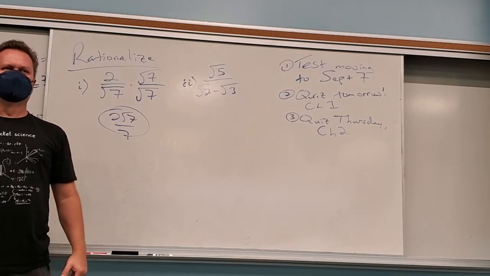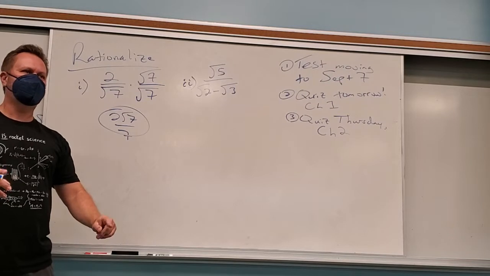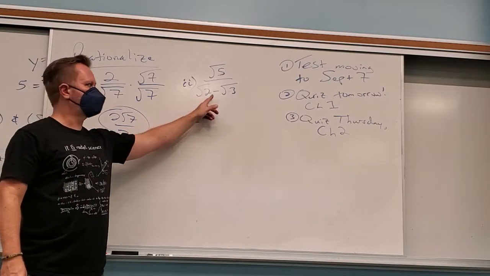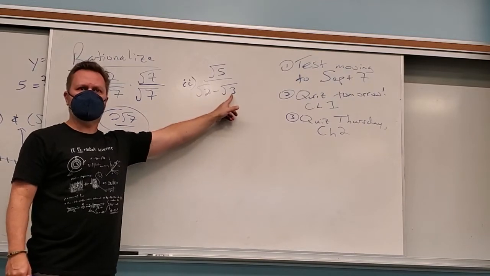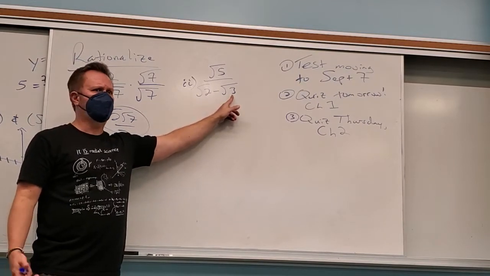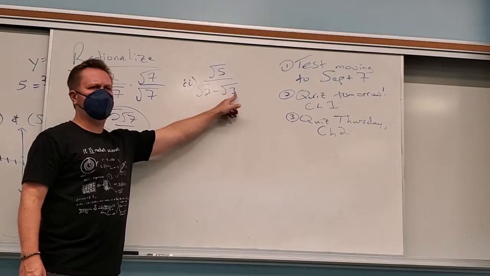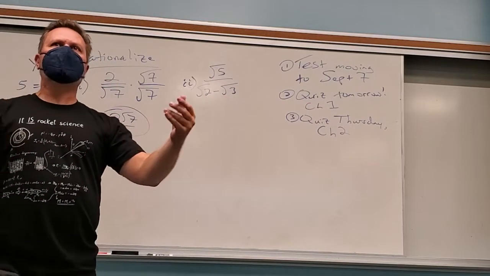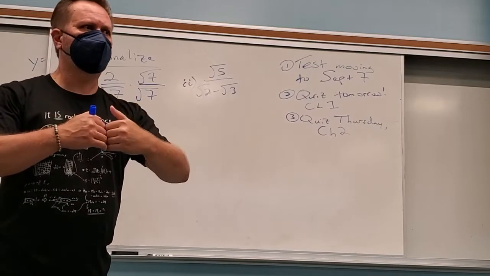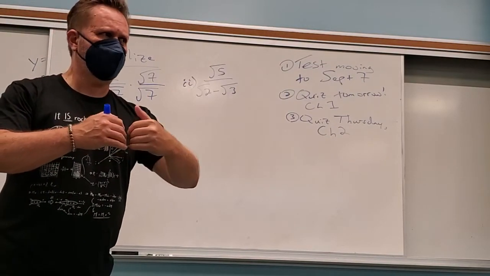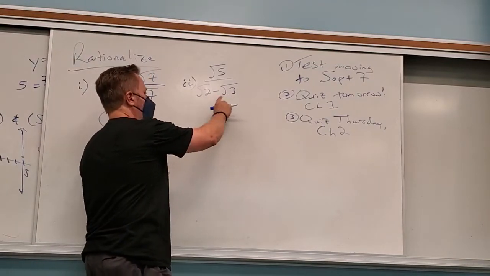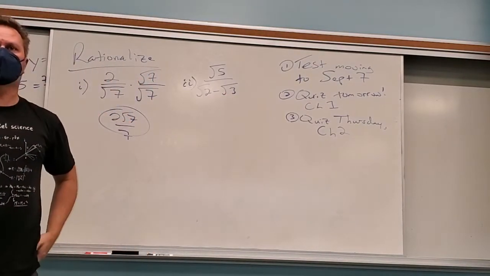Because now, if I multiply by square root of 2, this guy will be good, but will this other one be okay? No. If I multiply by square root of 3, he'll be okay, but he won't. So somehow, I have to multiply by both of them, right? But in a way that the square root of 2 only goes here and the square root of 3 only goes there. How do I do that legally?